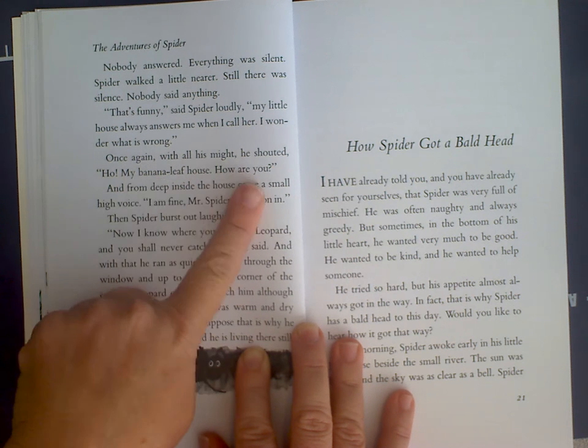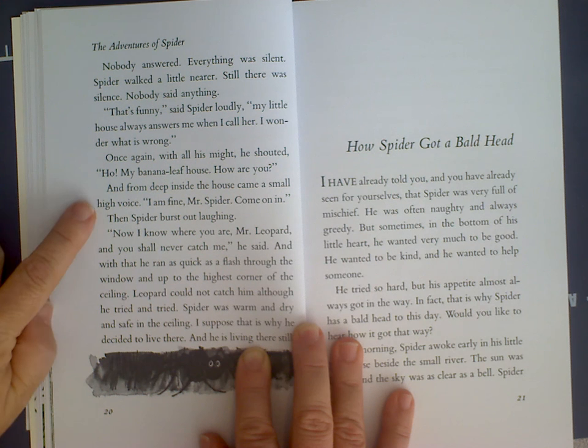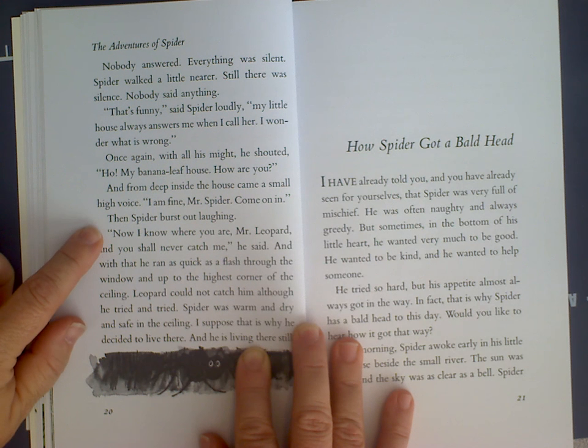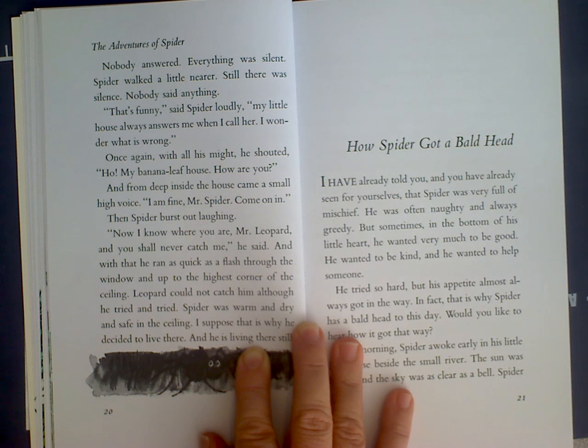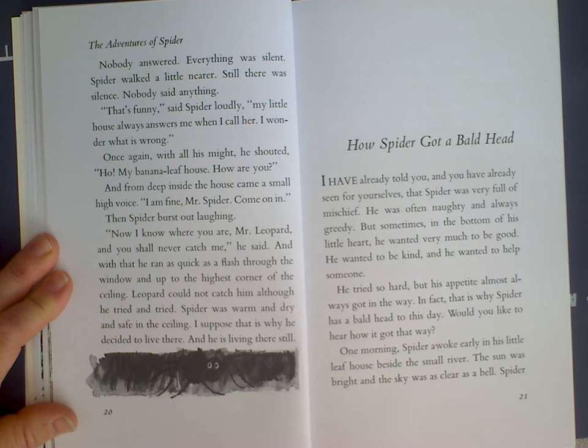Once again, with all his might, he shouted, "Ho, ho, my banana leaf house, how are you?" And from deep inside the house came a small, high voice. "I am fine, Mr. Spider. Come on in." Then Spider burst out laughing. "Now I know where you are, Mr. Leopard, and you shall never catch me," he said.